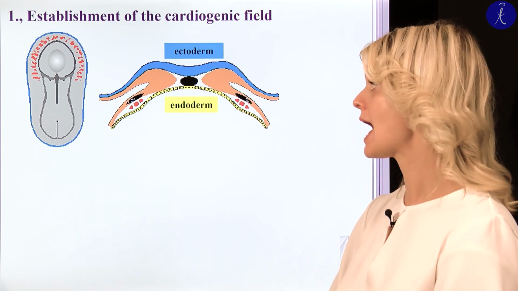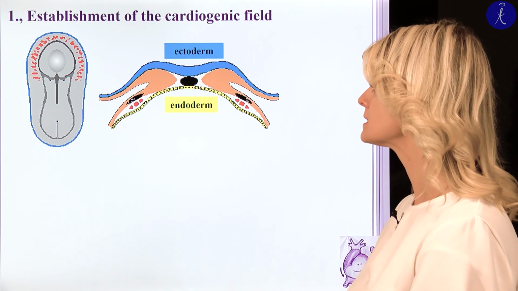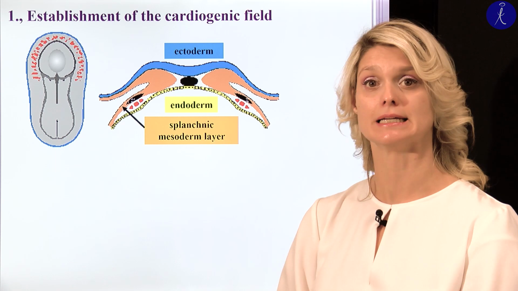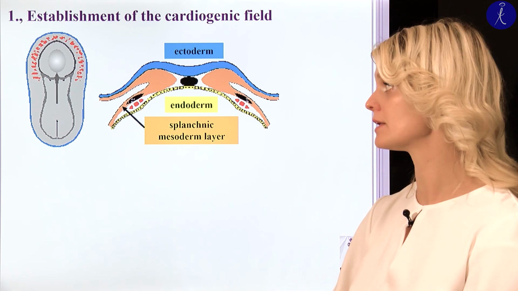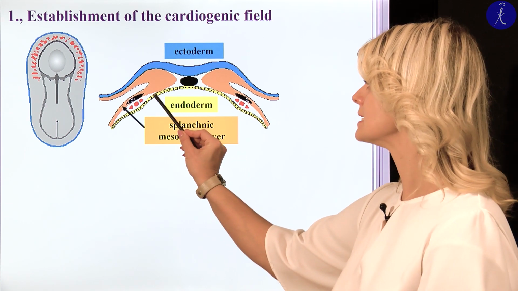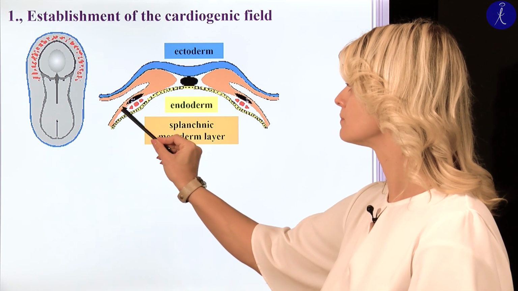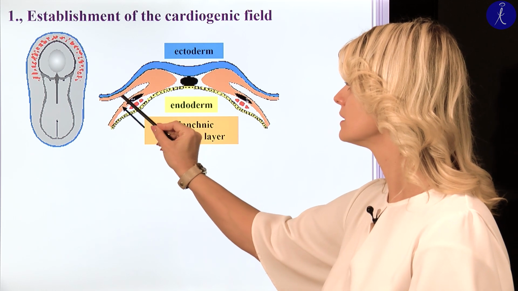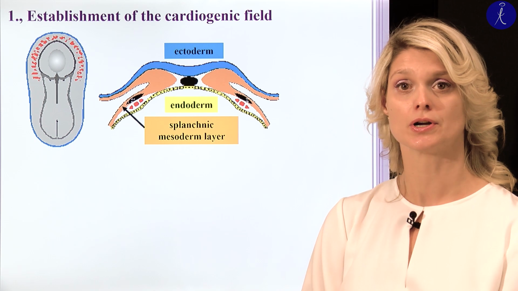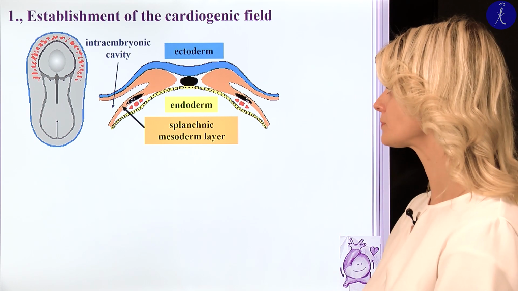The mesoderm has two main parts: the lower part is called the splanchnic layer of the mesoderm, the other is the somatic layer of the mesoderm. Heart development will originate from the splanchnic layer of the mesoderm.